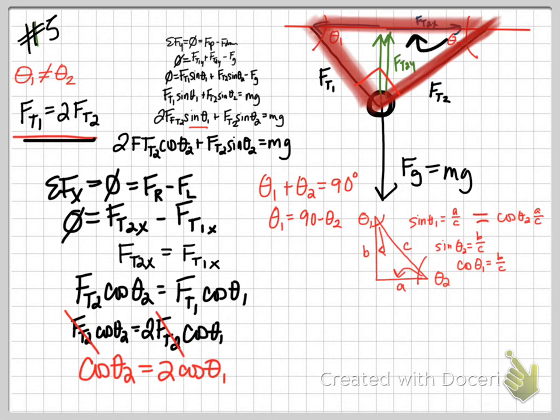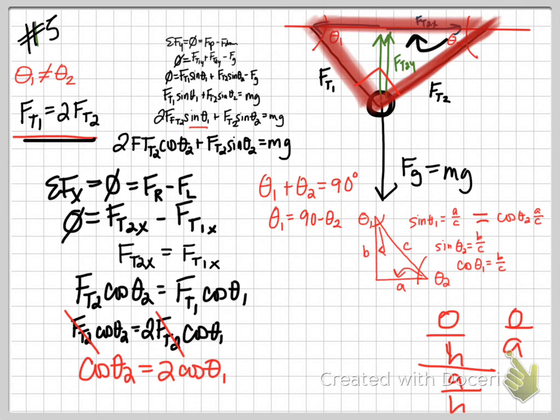All right, so what do we know about cosine of theta 1 and cosine of theta 2? They're equal to one another's sines. So sine divided by cosine equals tangent, or vice versa? Hold on. Sine divided by cosine: opposite over hypotenuse divided by adjacent over hypotenuse equals opposite over adjacent. So sine divided by cosine.